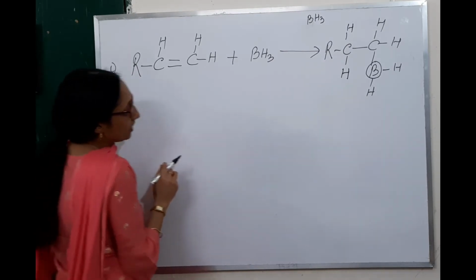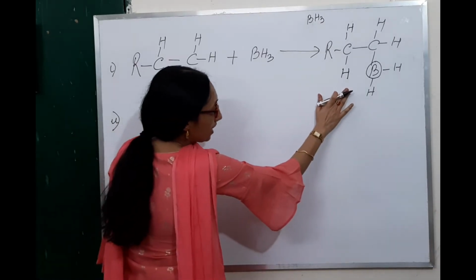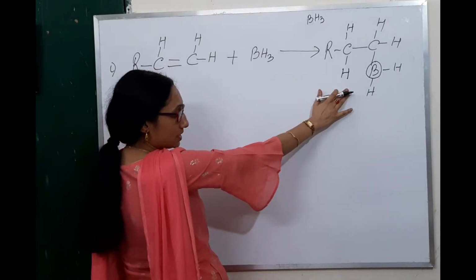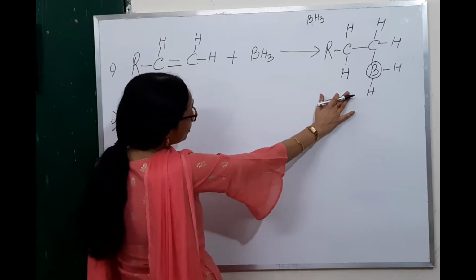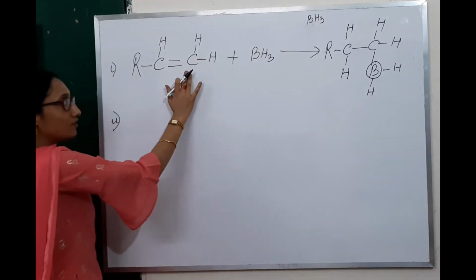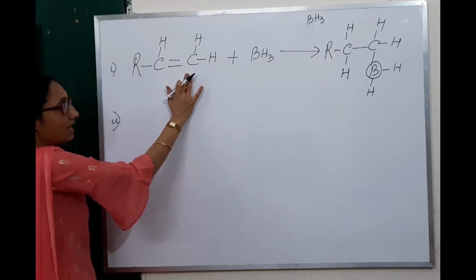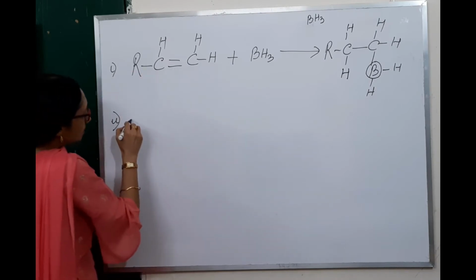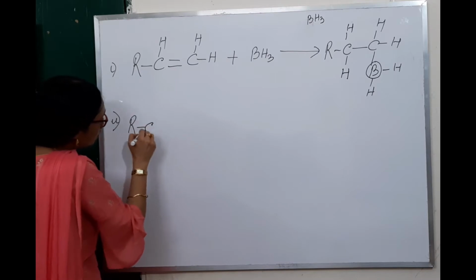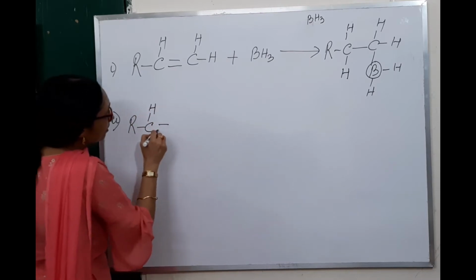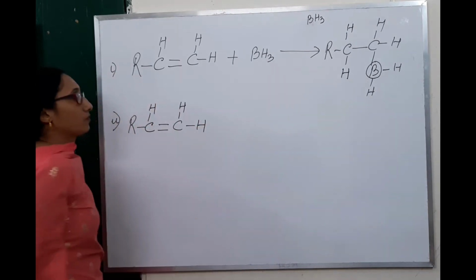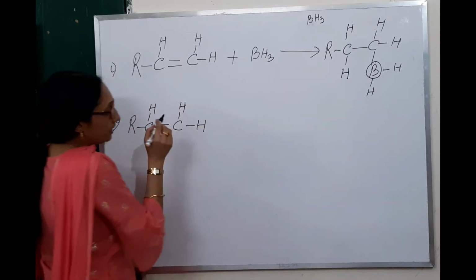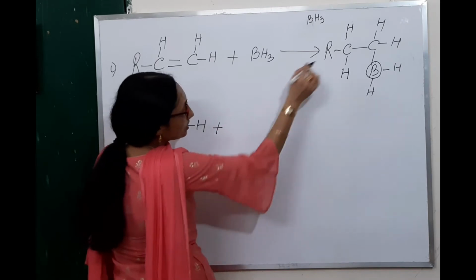In the second step, this product of the first step, that is this alkyl boron, will add to another molecule of this unsymmetrical alkene. So you all write with me this unsymmetrical alkene. Now this will add this compound.